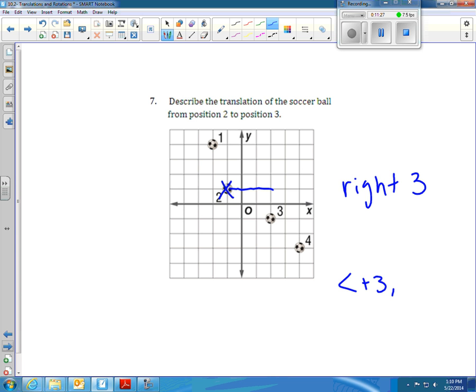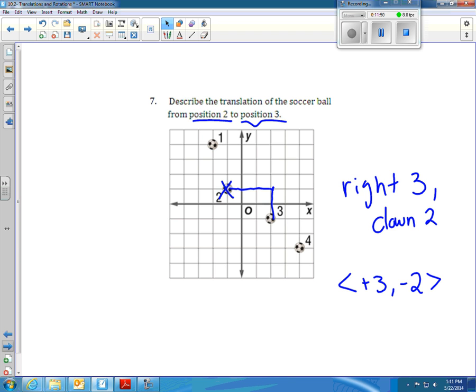Then I describe my up and down, and here I'm going to go down 2. Or I can say -2 there. Two different ways. The important part here is that we're remembering that we're doing both left and right, and then up and down, and that you start at position 2, and we're going to position 3. All right, we'll see you guys later.